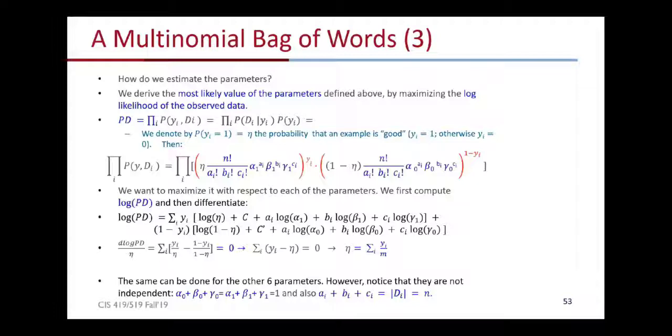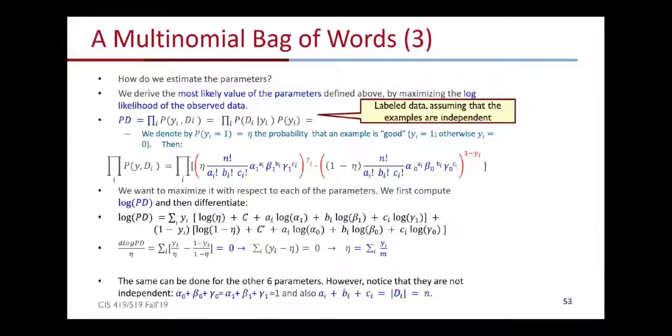Does this make sense to you? Why? Yeah, exactly. It makes sense that eta is the probability of being good. So it's just the sum over i, the number of documents that are good. Yi is 1 for good documents, 0 for bad documents.